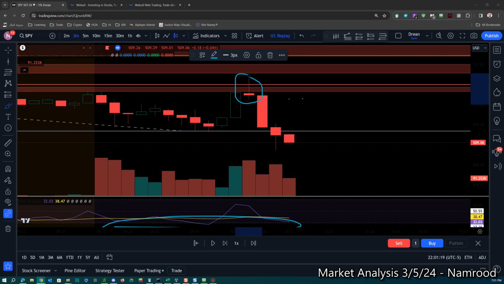That means the selling pressure was even higher than the buying pressure, and this is not a very good indicator if you are long. If you are long or in a call, you would like to see more green candles, right?